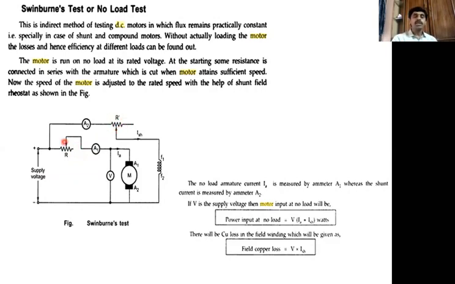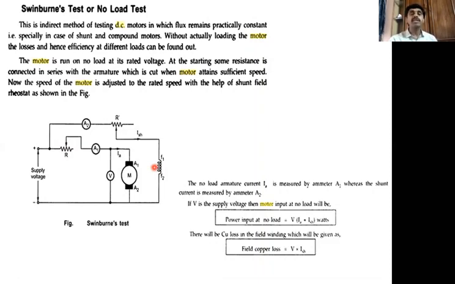Why? If the armature resistance is in the maximum position, there is more voltage drop in the armature, as we discussed in the speed control methods, and less voltage applied across the armature, therefore initially speed is less. Same way, if you keep the field resistance in the minimum position, then the field current flowing is maximum initially, therefore flux is maximum, therefore speed is minimum.